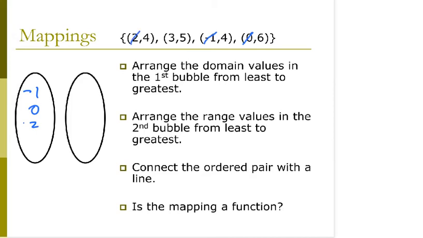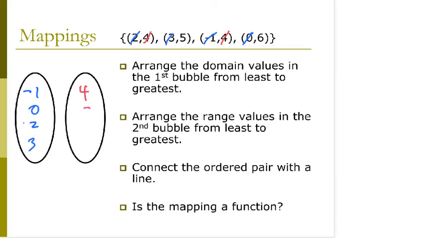With the range, the smallest value in the range is 4. And notice that 4 shows up twice in this list. We don't need to write it more than once. 5 would be next. And 6 would be the final value.